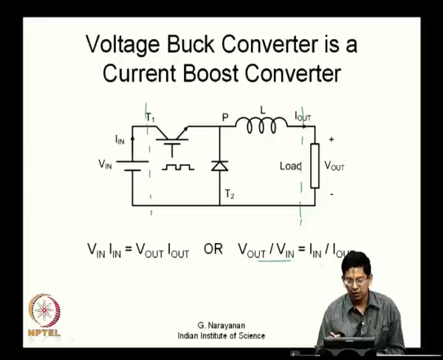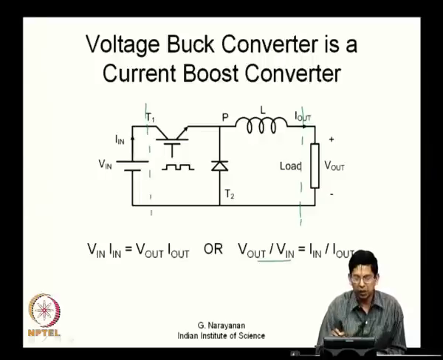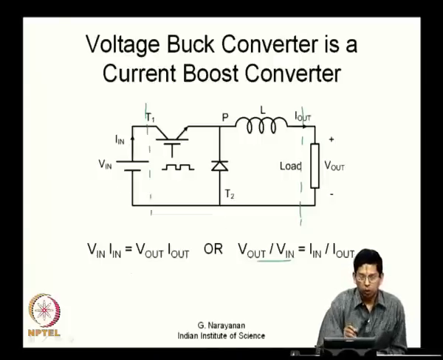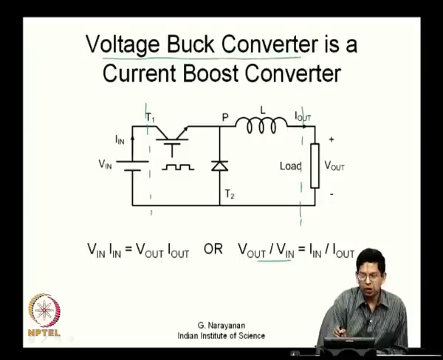You have V out lower than V in, you will have I in lower than I out, or I out greater than I in. This is because of the power balance here: if the output voltage is less than the input voltage, the output current will be greater than the input current. Therefore, what we commonly call a buck converter is actually a voltage buck converter, and this is actually a current boost converter.